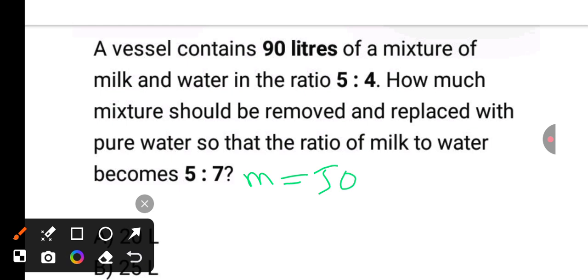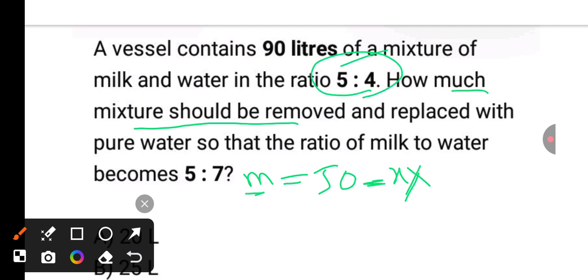How much mixture should be removed and replaced with water so that the ratio of milk to water becomes 5:7? Milk is 50 minus, how much mixture should be removed. Let the mixture removed equal x. The mixture is removed in the same ratio, that is 5:4. We are calculating milk first.